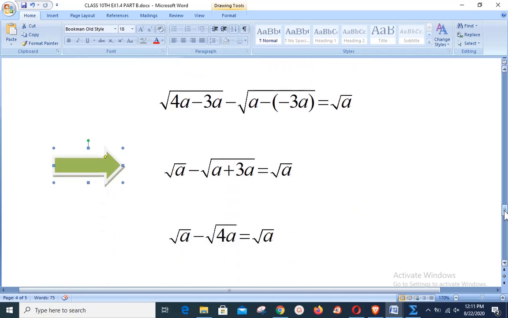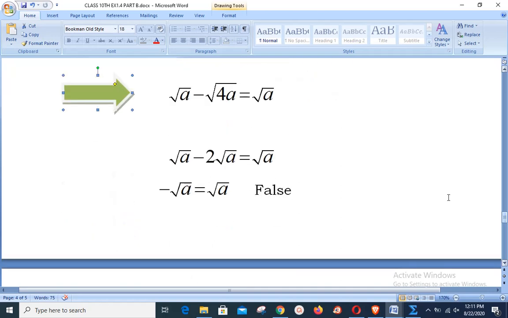Simplification in the next step gives us square root a minus inside the root a plus 3a, that is we have square root a minus square root 4a is equal to square root a. That gives us in the next step square root a minus 2 into square root a is equal to square root a.